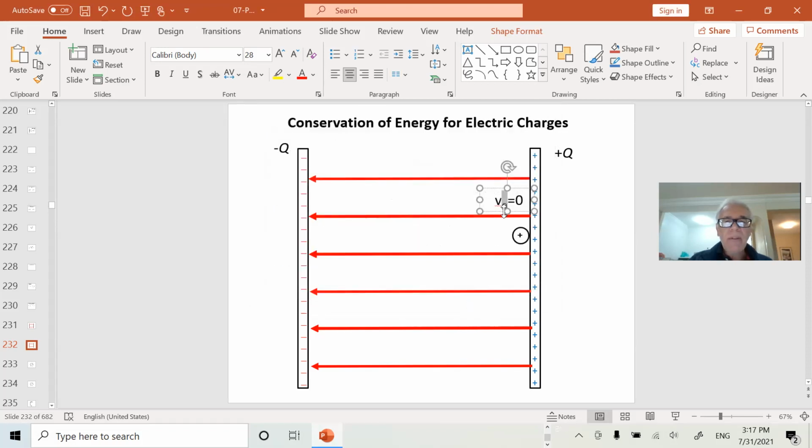Initially at rest. So its kinetic energy is going to be 0 as well. Initial kinetic energy is going to be 0 as well.